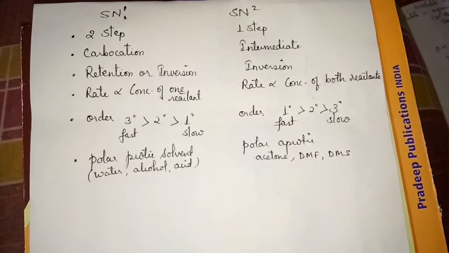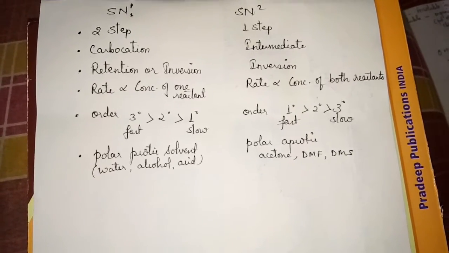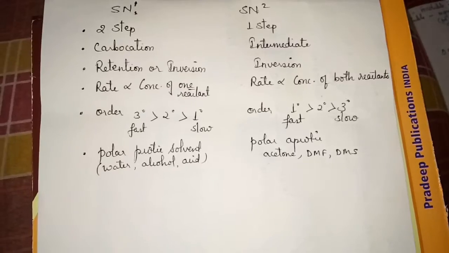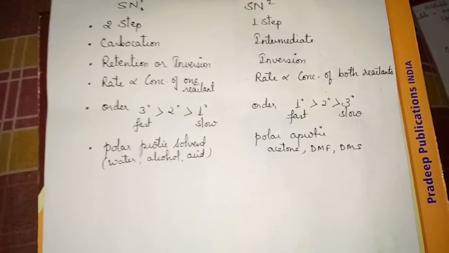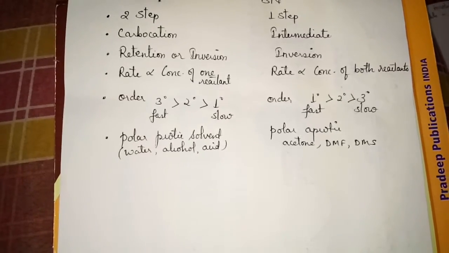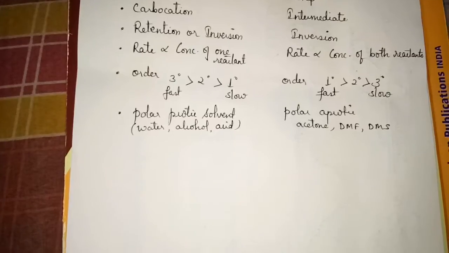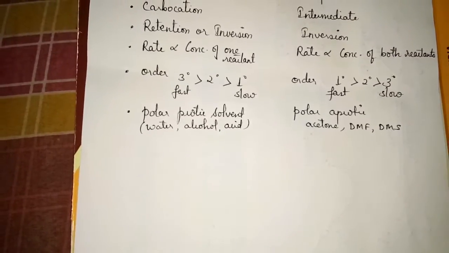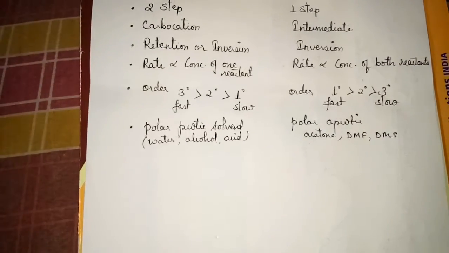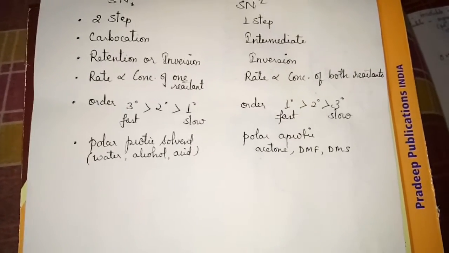Order of reactivity, the tertiary alkyl halide is more reactive in SN1, means it will react fast. Because greater the stability of carbocation, more easily and faster will be the rate of the reaction. Clear? While in SN2, the order of the reaction is fast and primary.